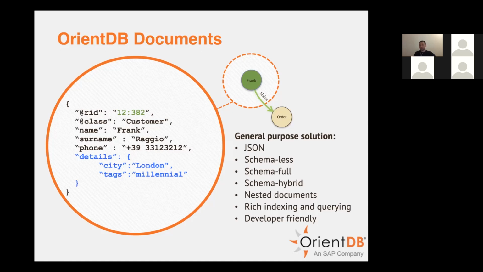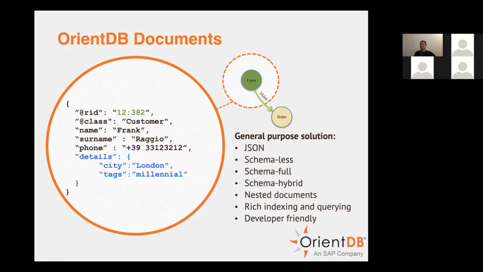You can define the schema for this. So you can say the customer class has a name and a phone number, but you can also work schemaless. So just create two different documents with two different structures without any checks. It's very developer friendly because you don't have to care about the schema from the beginning. You can just start to code, store information inside the records, and retrieve it as your application knows that.